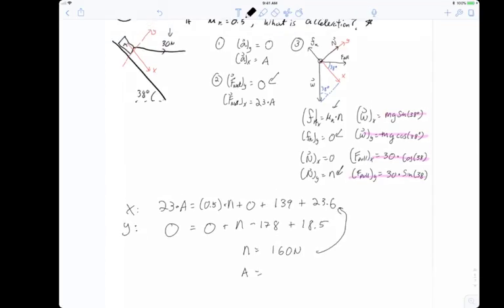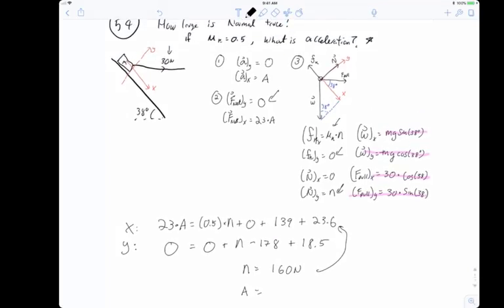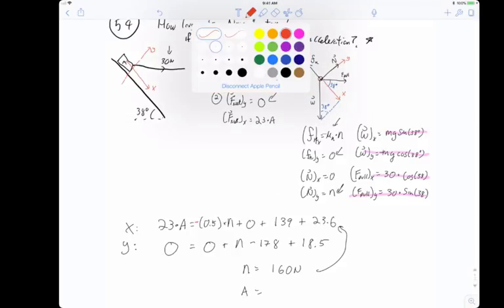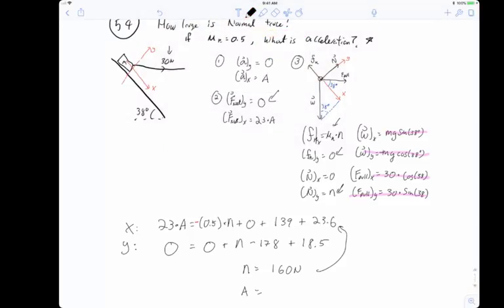Oops, hold on. This needs a minus sign in front of it. Minus sign. Alright. 160, no. Plus 139 plus 23.6.